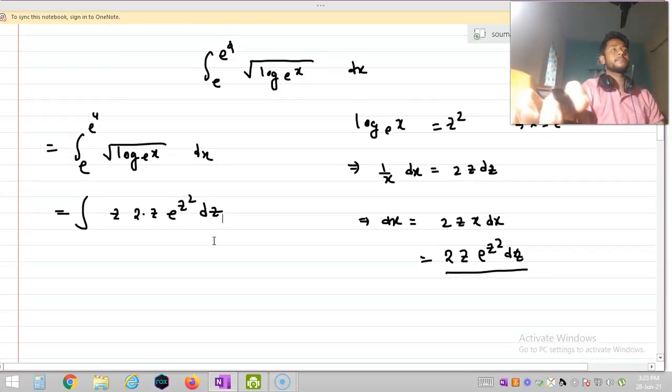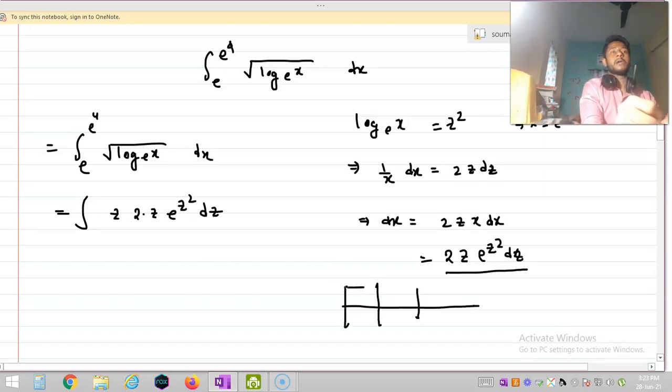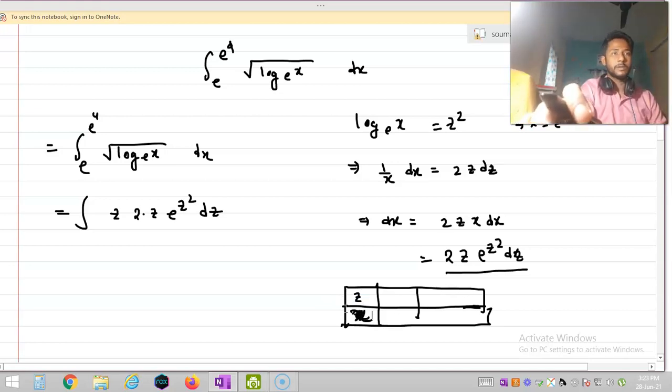Now let us discuss the limit. First of all, let me erase it and write it properly. The value of x is equal to e. If the value of x is equal to e, then the value of z squared is equal to 1, hence the value of z is 1.